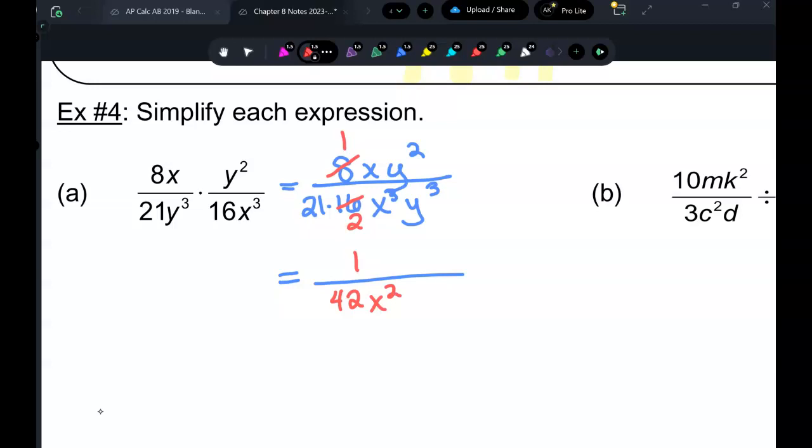You can also just look at where's the bigger one. The bigger one's on the bottom, so that's where it's going to end up. And then y to the first, on the top or bottom? On the bottom. Wherever the bigger exponent is, that's where it's going to land. Is that it? That's it.